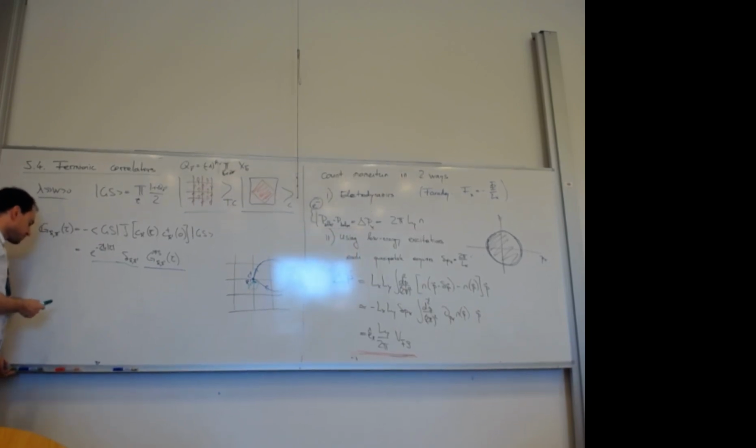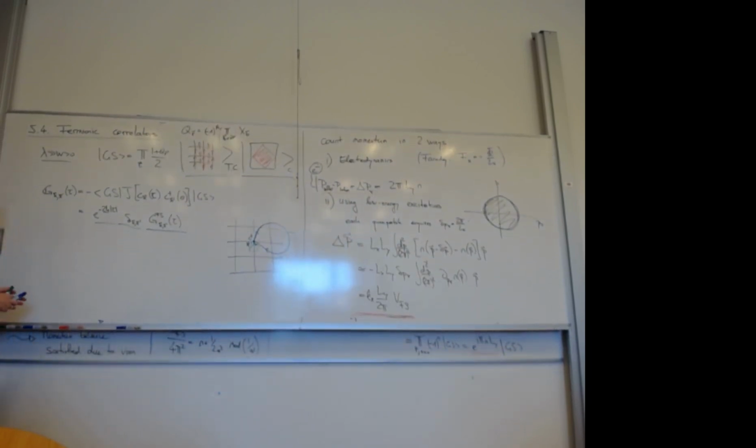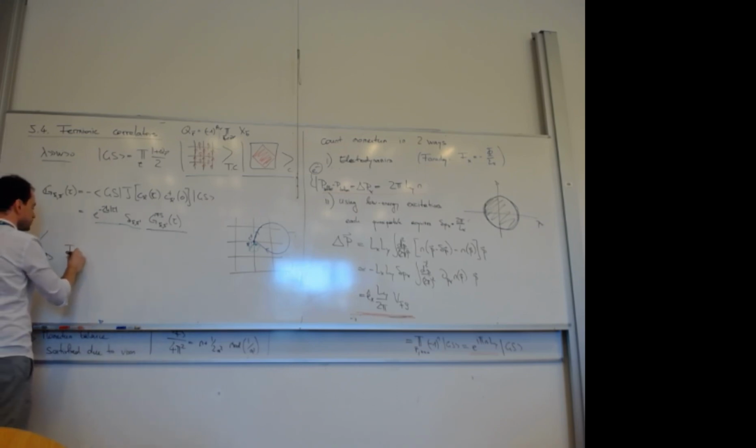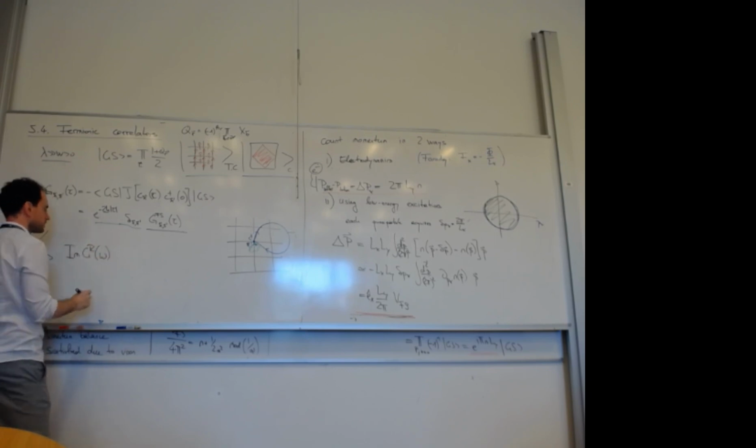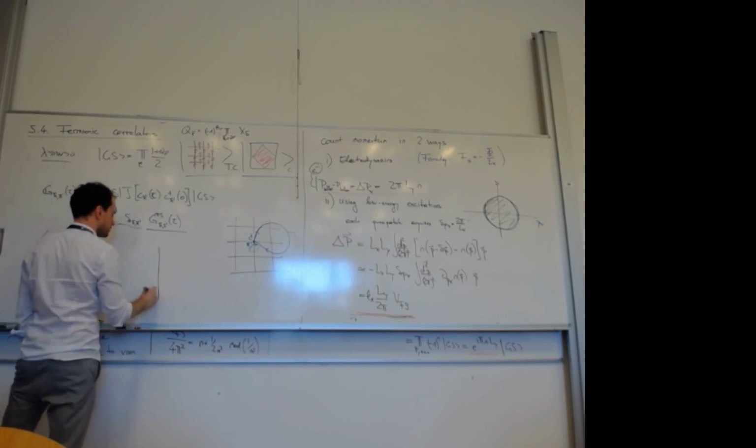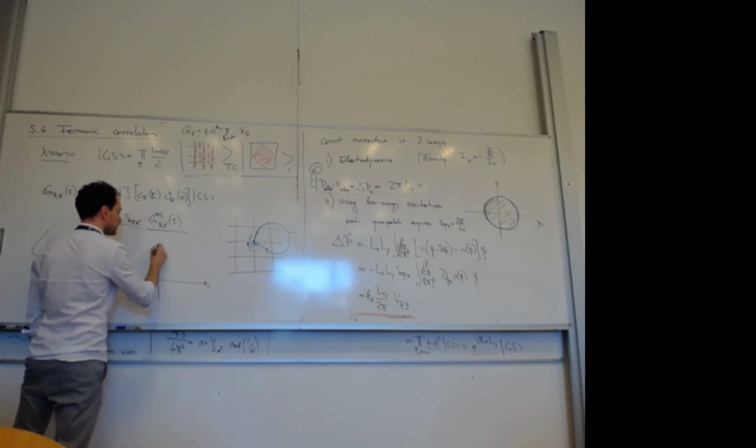When you Fourier transform this and then analytically continue, you get the retarded Green's function. And try to calculate the spectral weight, the imaginary part of the retarded Green's function of omega. And you can plot the spectral weight as a function of momentum.